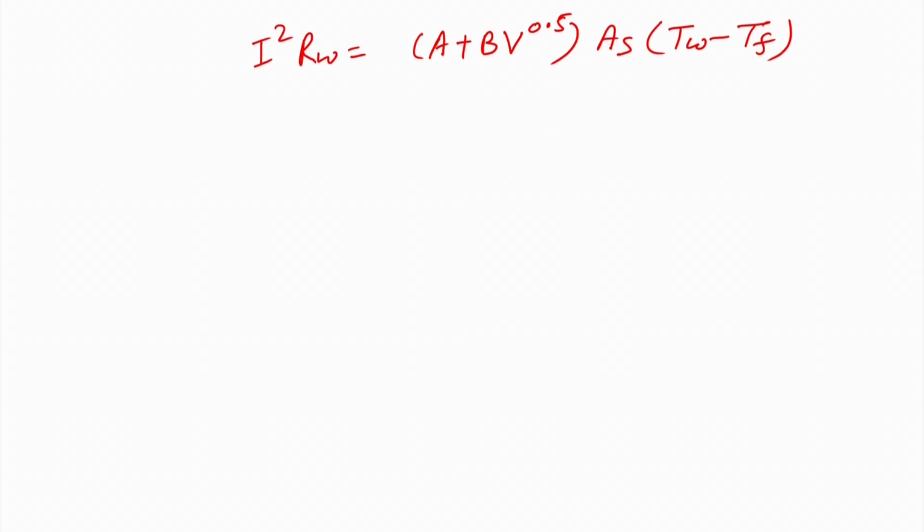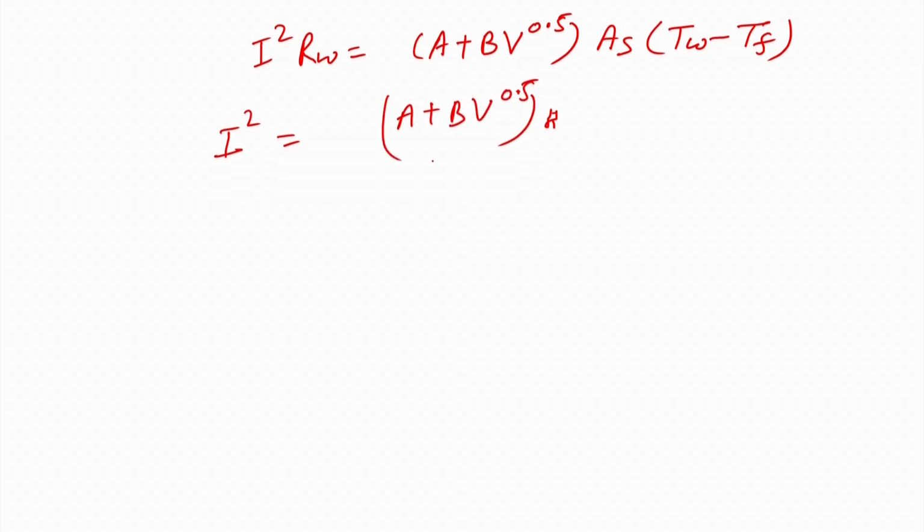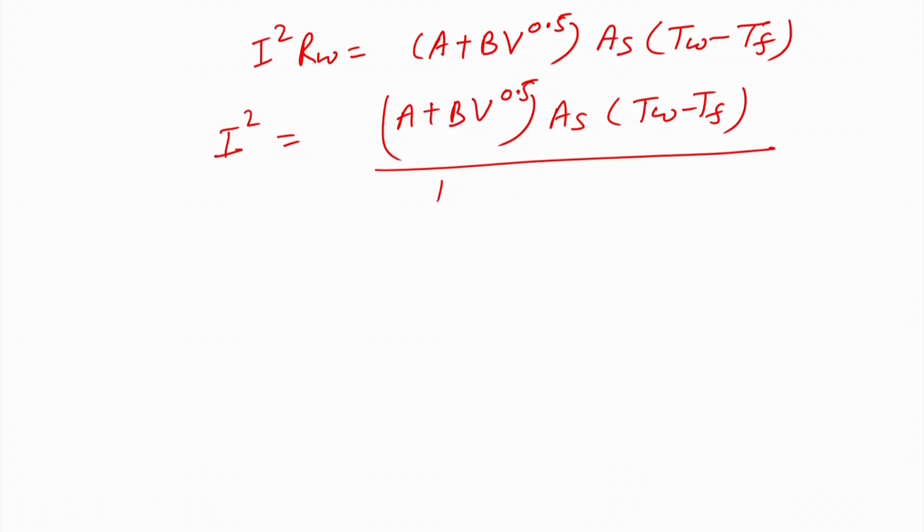RW again you can convert in terms of the reference. So, I square will be equal to A plus B V raised to the power 0.5 into AS into TW minus TF, and this RW can be written as R reference into 1 plus alpha into TW minus T reference.